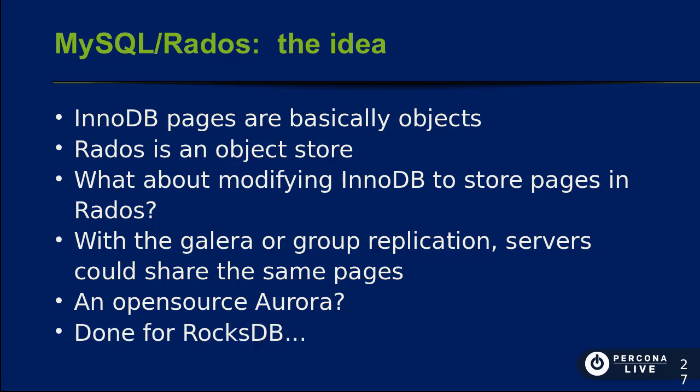Okay, and by the way, it's done for RocksDB. Inside the RocksDB tree, as you probably know, RocksDB can store its SST files directly to Ceph Rados. And it's rather funny, the OSDs now in Kraken and the newest version also use RocksDB to lower the number of writes.